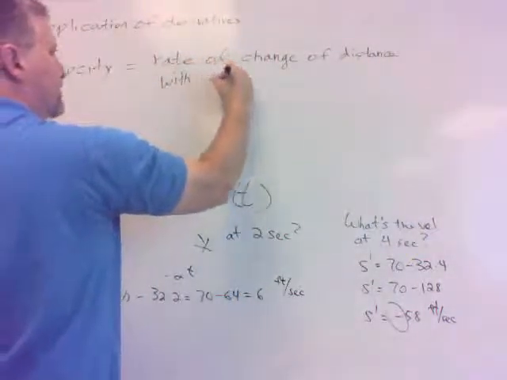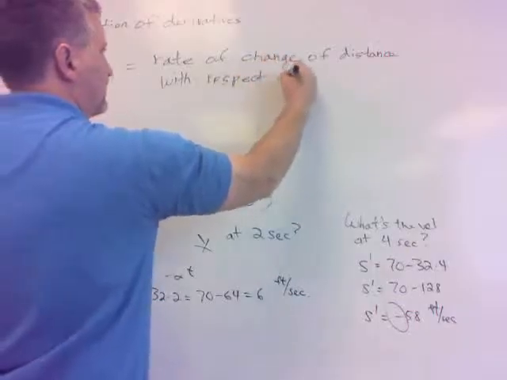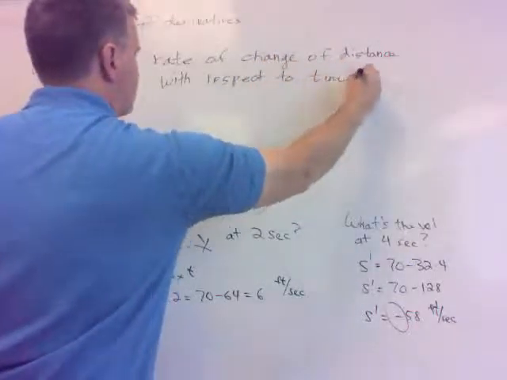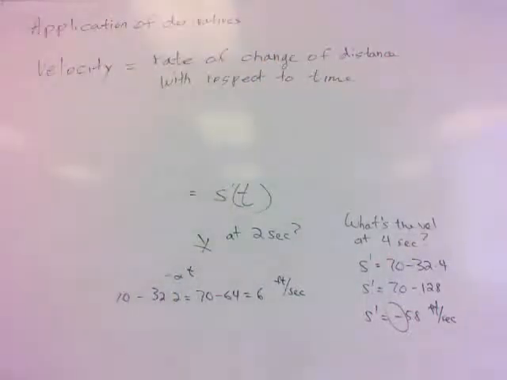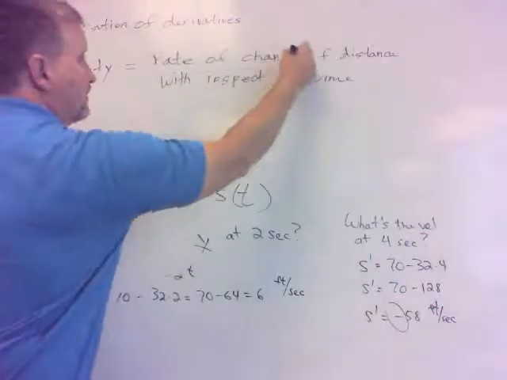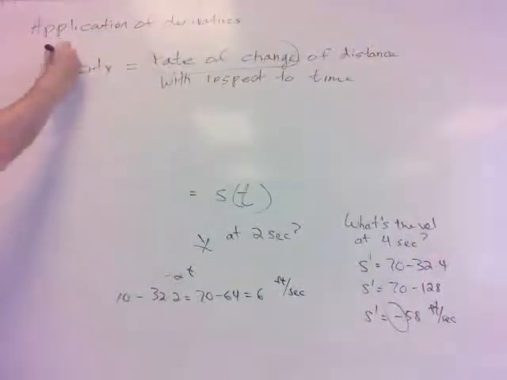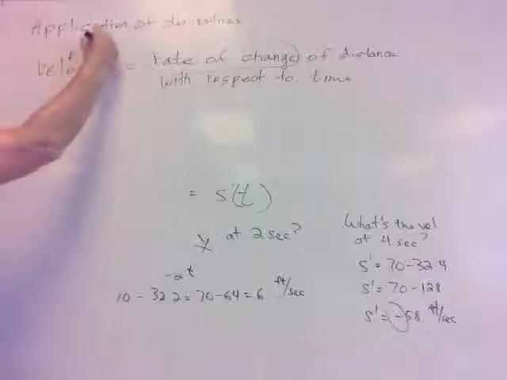Would you agree with that statement? That's what velocity is. It's the rate of change of the distance with respect to time. So, isn't velocity here the derivative of the distance function?